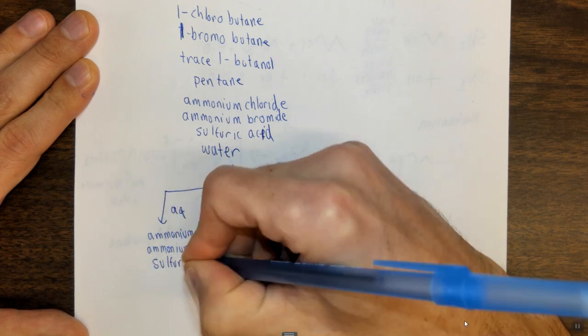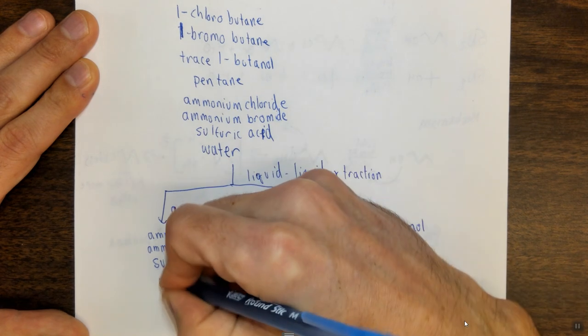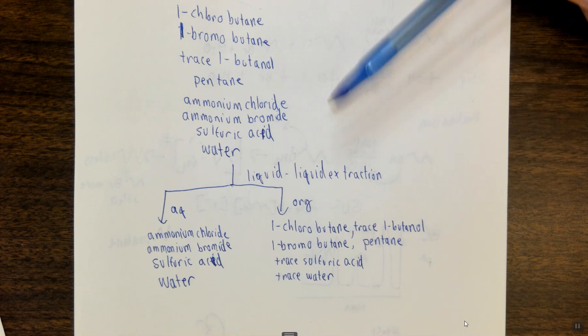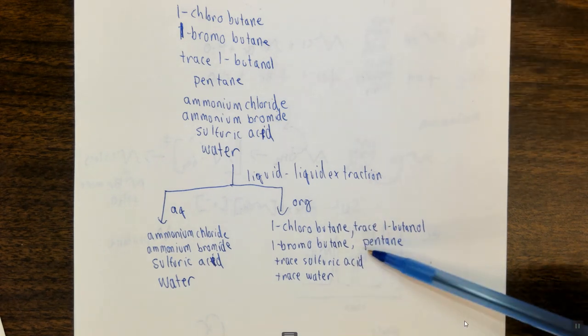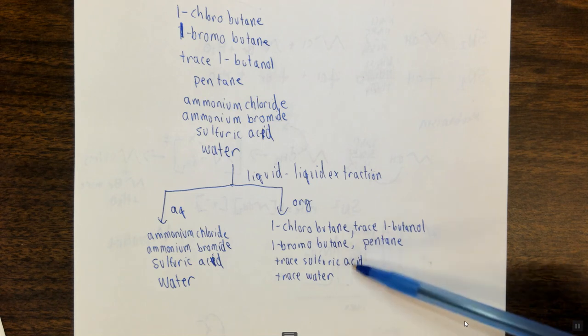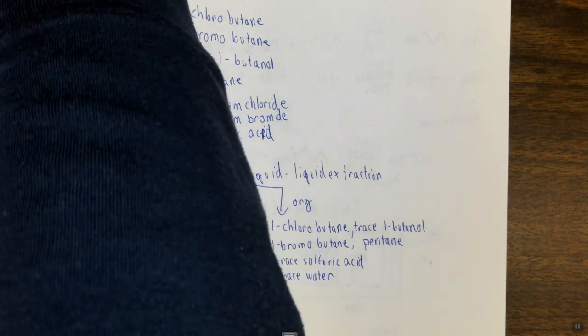Most of it will be in the aqueous layer, and your water. So we've removed a lot of the stuff we want to remove, but we've got to get rid of this trace sulfuric acid and this trace water. If you shoot trace sulfuric acid into the GC, it's a big problem. Okay, trace water is not ideal, but it's not as bad as trace sulfuric acid. So we've got to get rid of these things. Before we get rid of these things, I can tell I need more space, so I'm going to move the camera and I'll be right back.